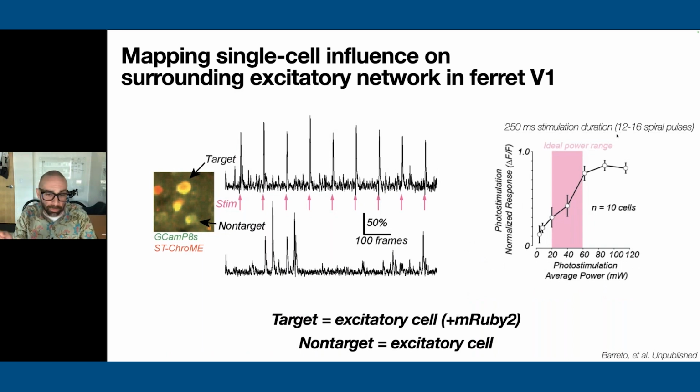So here's just an example cell that we're stimulating. We get very nice, reliable photostimulation over many trials for individual cells, and there's a non-target. The other thing that we do in our experiments is that we try to titrate the photostimulation power.